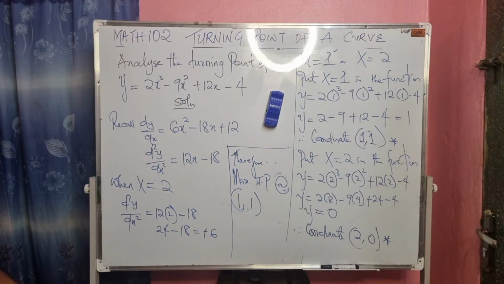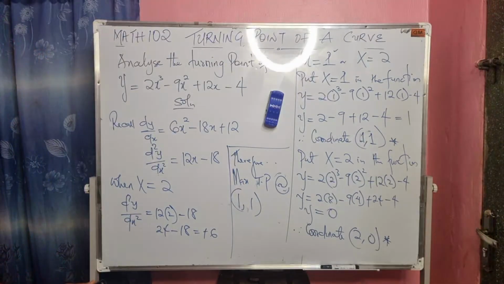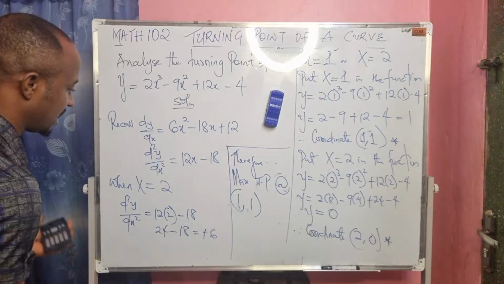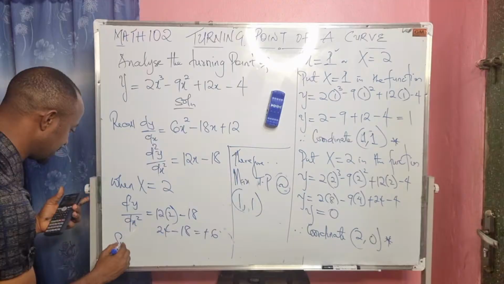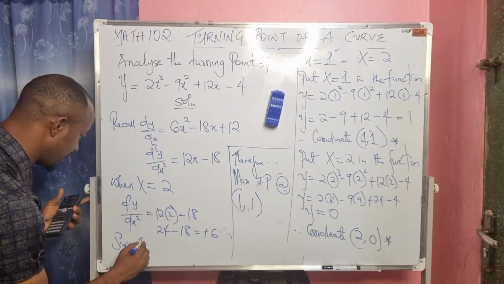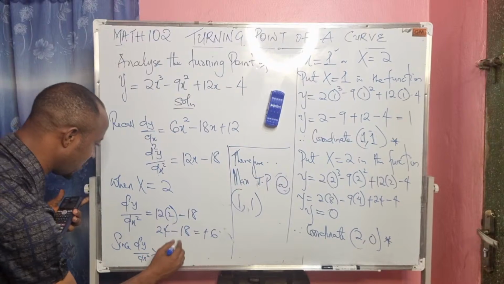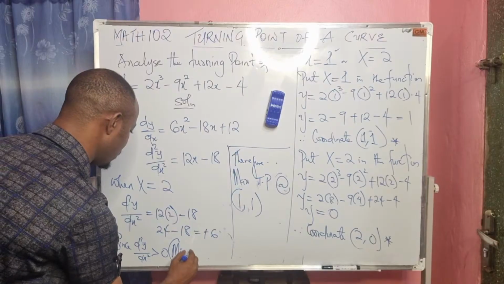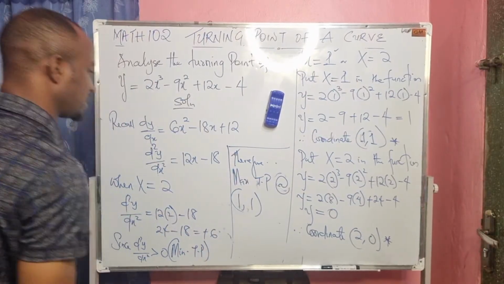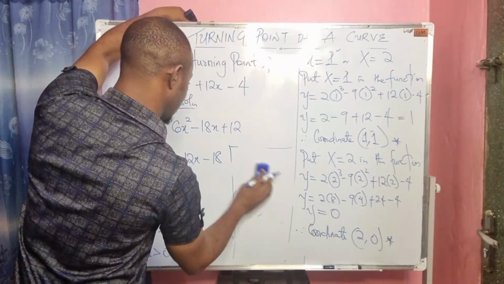And plus 6 is greater than 0. So we can say that since the d2y over dx squared is greater than 0, we have a minimum turning point.